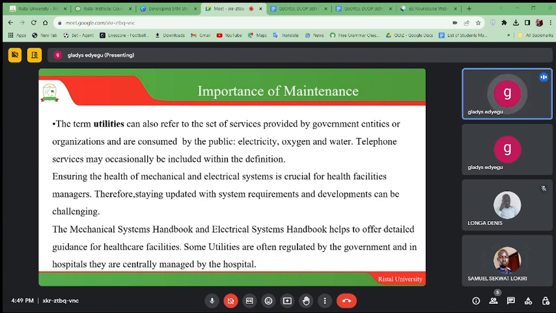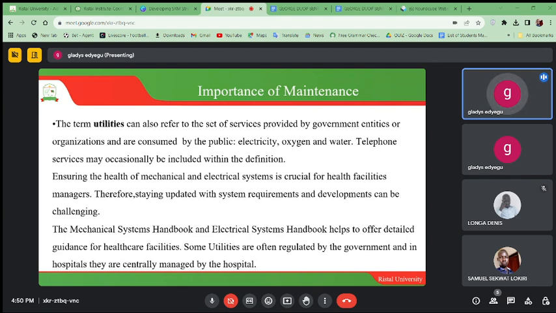So some utilities are often regulated by the government, and in hospitals they are centrally managed by the hospital. So the government provides, but they are centrally managed by the hospital, whereby the hospital has to make sure that they are able to control the use of their own facilities like the water and the power. They are controlled and regulated by the hospital management.